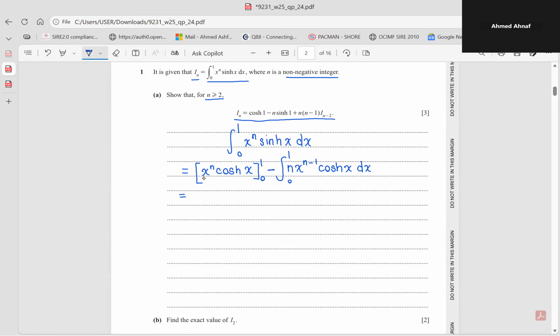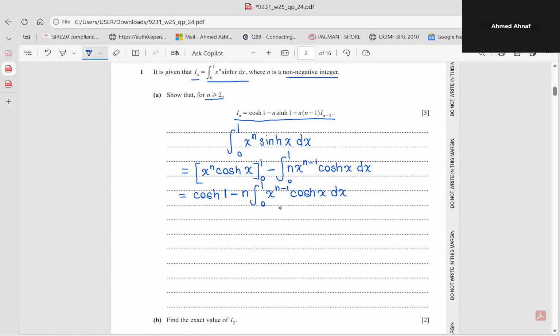Let's evaluate this. Evaluating that, you just get minus cos 1 plus n times the integral of x to the power of n minus 1 times cos x dx.